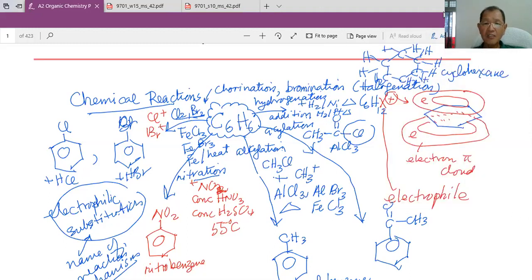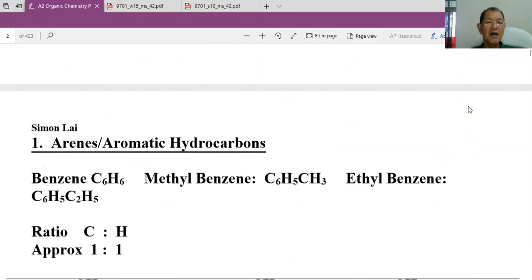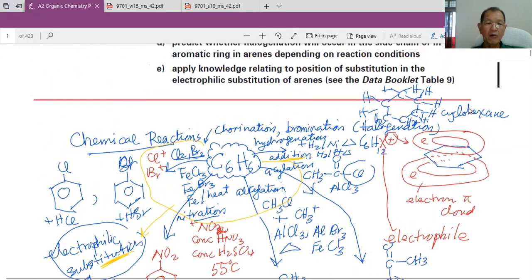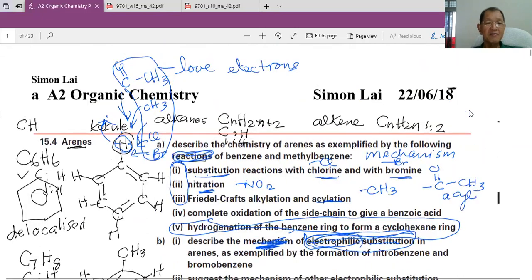So this is addition. All these here are substitution reactions. So you can see this is the big picture, which we're going to look into later on each of them when we do our mechanism.